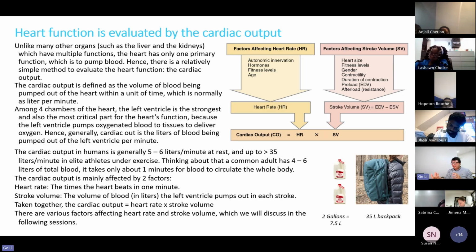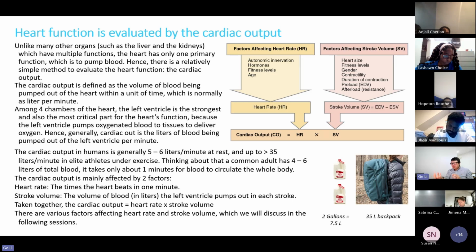This is what we call the heart rate. I guess all of you know what heart rate is. The faster the heart rate, the higher the cardiac output. So that's one factor that determines the cardiac output, and the heart rate is the factor that can be easily regulated. It fluctuates, going up and down all the time.